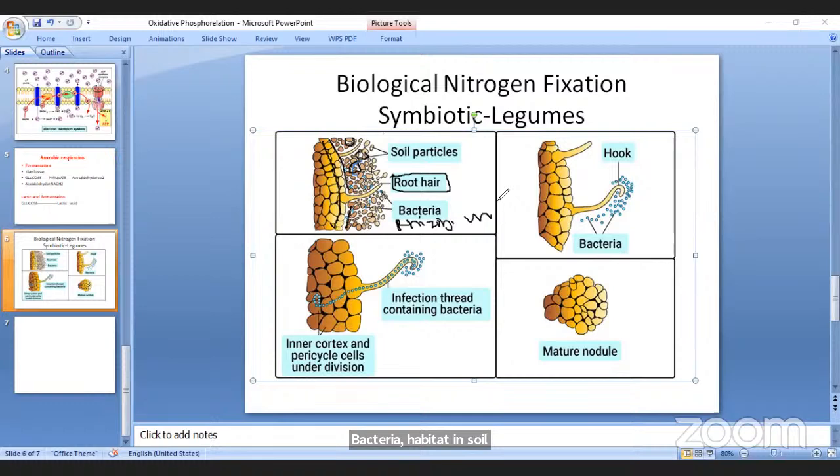Rhizobium bacteria. In the first step, where is the infection thread? Right, okay.